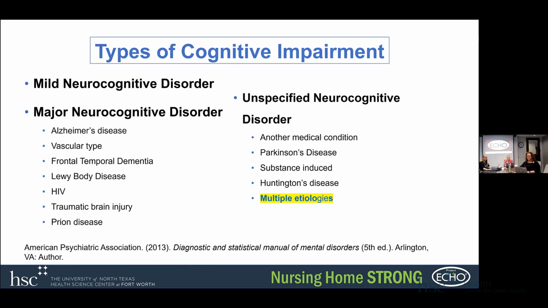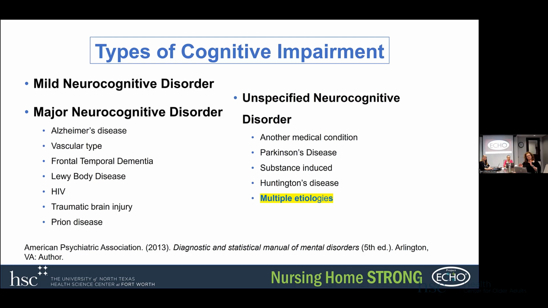Okay. So in terms of classification, the classifications have changed somewhat, but basically we look at mild, major, and unspecified neurocognitive disorder. So a mild neurocognitive disorder means that you can have some changes in your memory, but not necessarily changes in your ability to function because of memory problems.